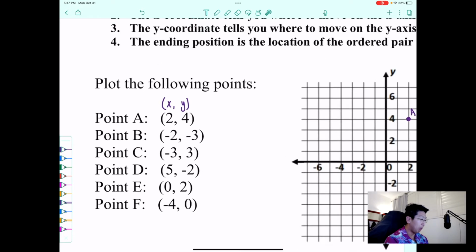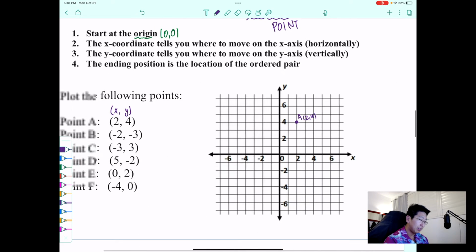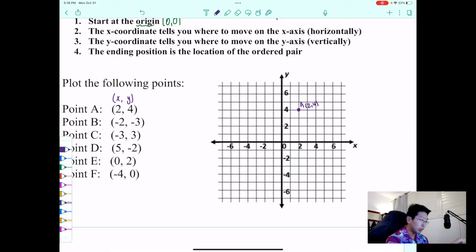So here, point B, we have -2 for our x value, and then -3 for our y value. So I'm going to go ahead and find -2 on my x-axis. -2 is right here on my x-axis, right? I'm looking on my x-axis. I'm going to go find -2. So that's right here.